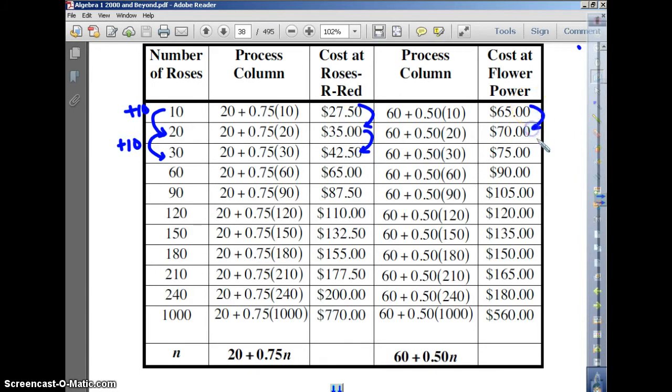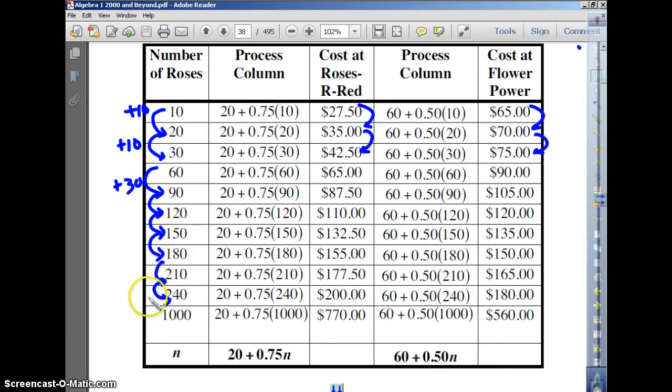What's happening here? Here I have an increase of 30, increase of 30, increase of 30, increase of 30, increase of 30, here we go, 30.